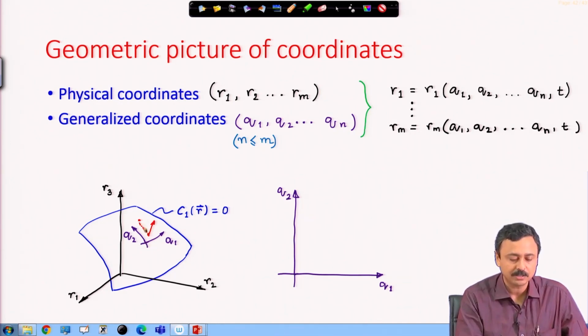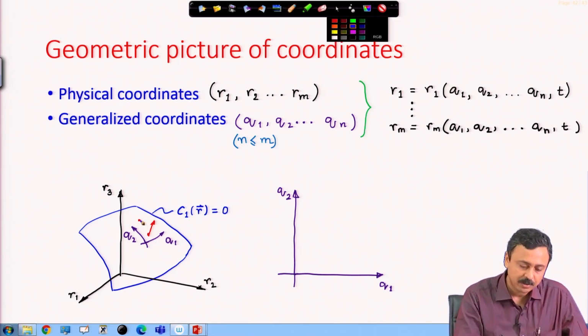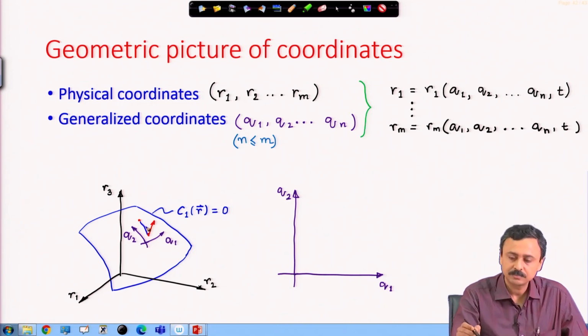This straight line between this and this is forbidden. Let us say you have one non-holonomic constraint, then you cannot move on this path. That is a forbidden path.